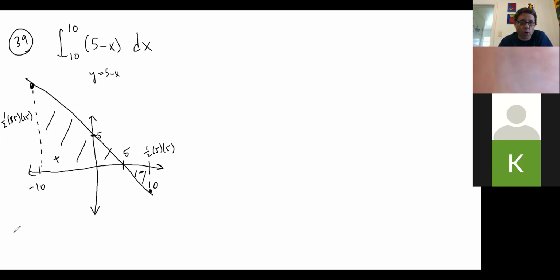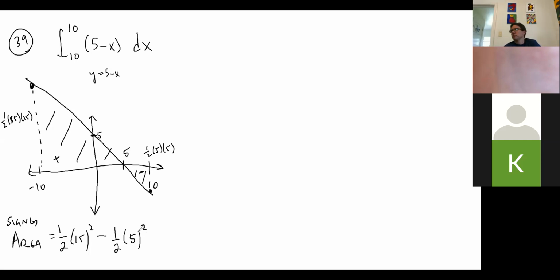And so then the total answer, which we're calling signed area, would be everything above, so that's 1/2 of 15 squared, minus everything below, which is 1/2 of 5 squared. And let's see, 15 squared is 225, so that's 225 halves, and this is 25 halves.